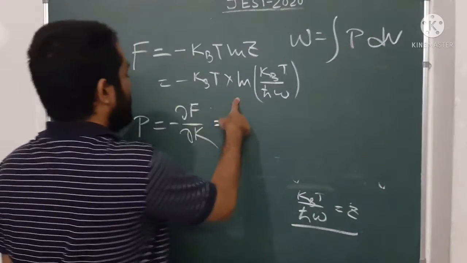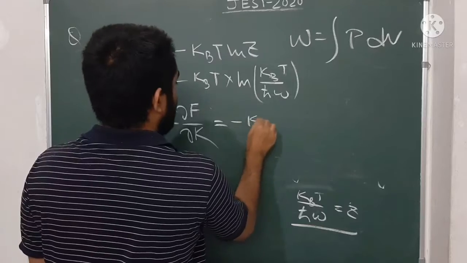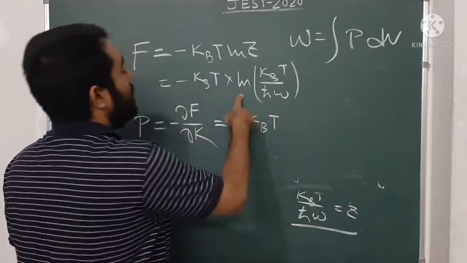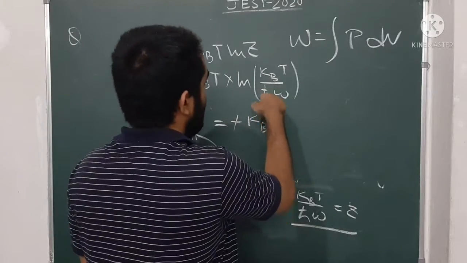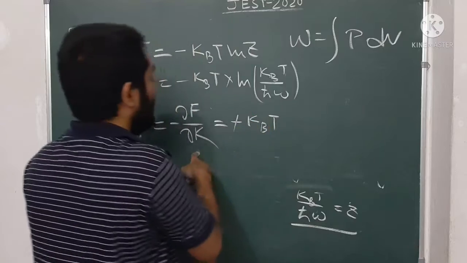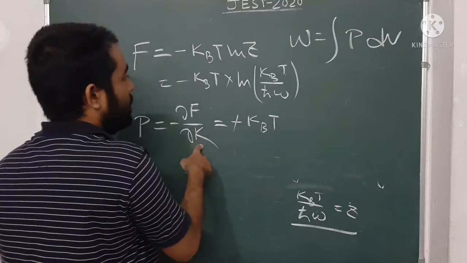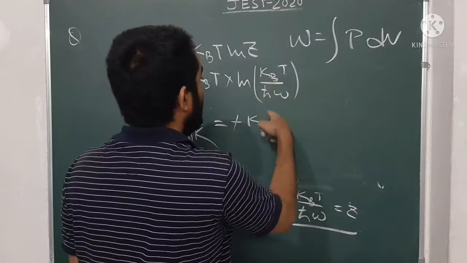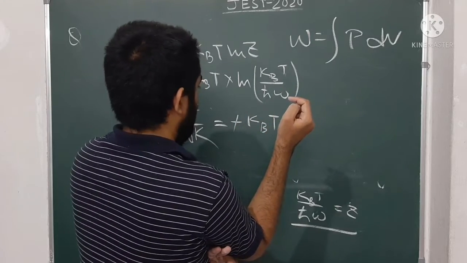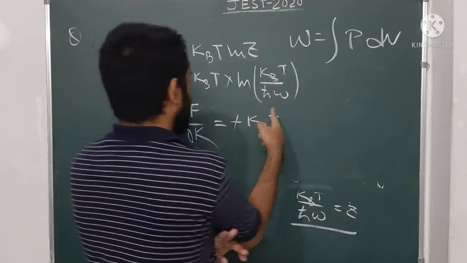So we have to take the derivative now. Minus plus kBT, and you can write log a by b like log a minus log b, and we differentiate with respect to k, so this term is a constant, just this will remain.